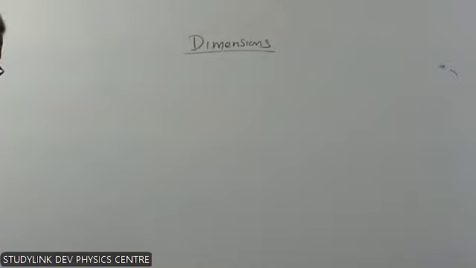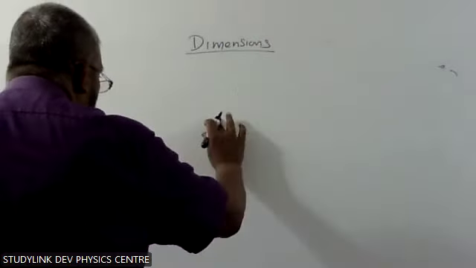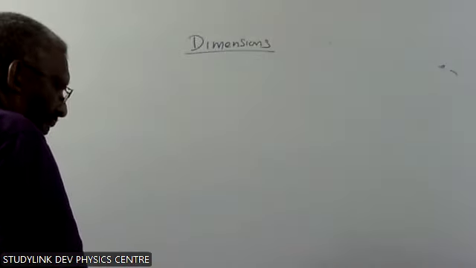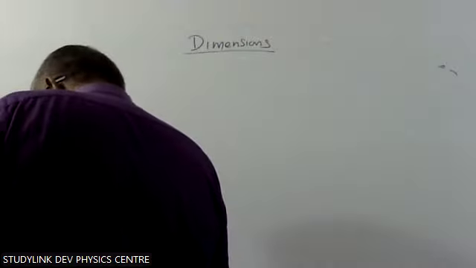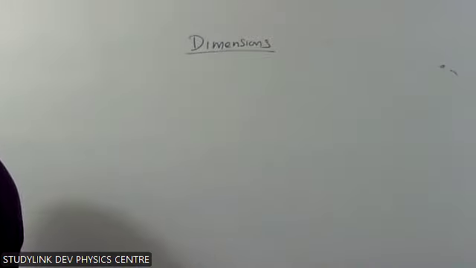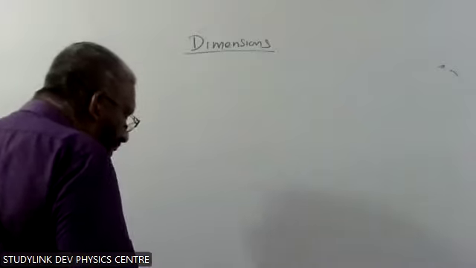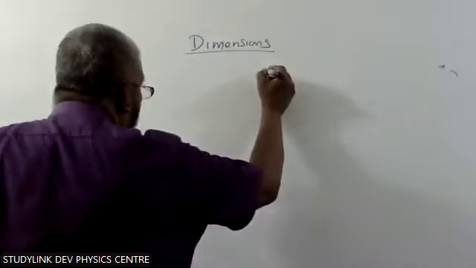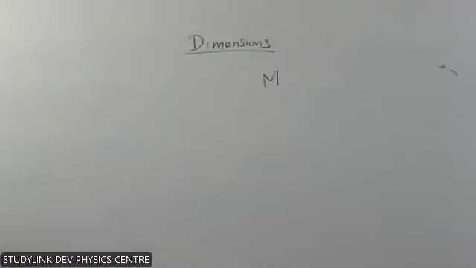Right. Dimension means we are normally assigning a letter for each physical quantity. There are base or basic physical quantities, and to represent them, a letter is assigned within brackets.